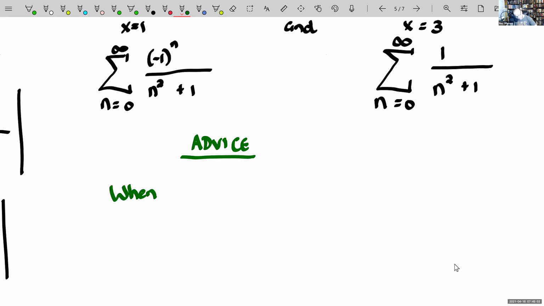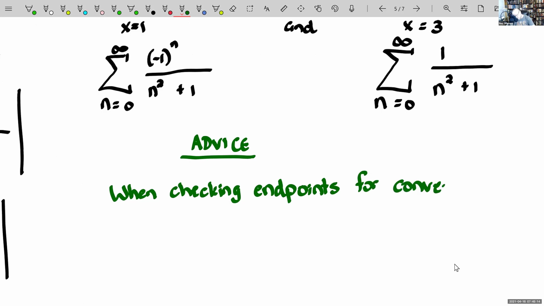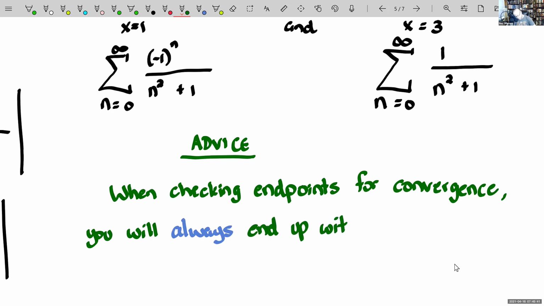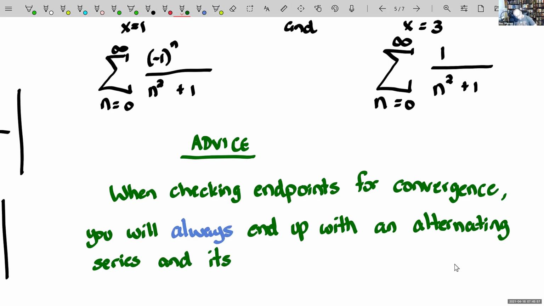When checking endpoints for convergence, you will always end up with an alternating series and its absolute value version.